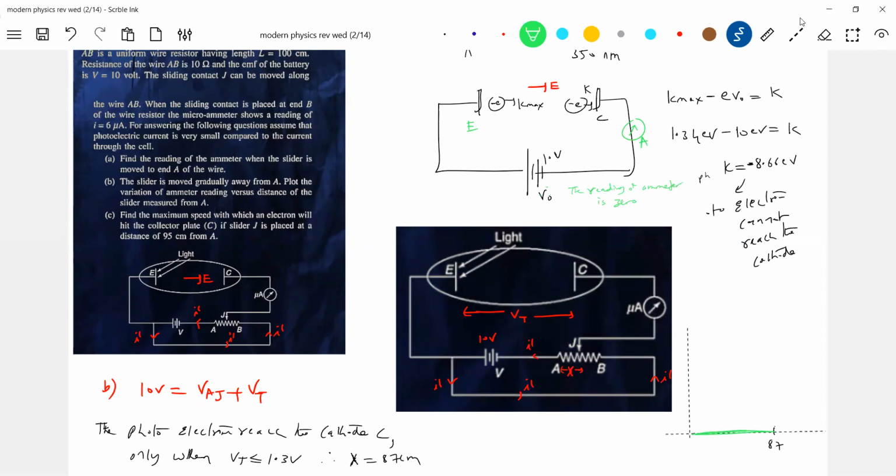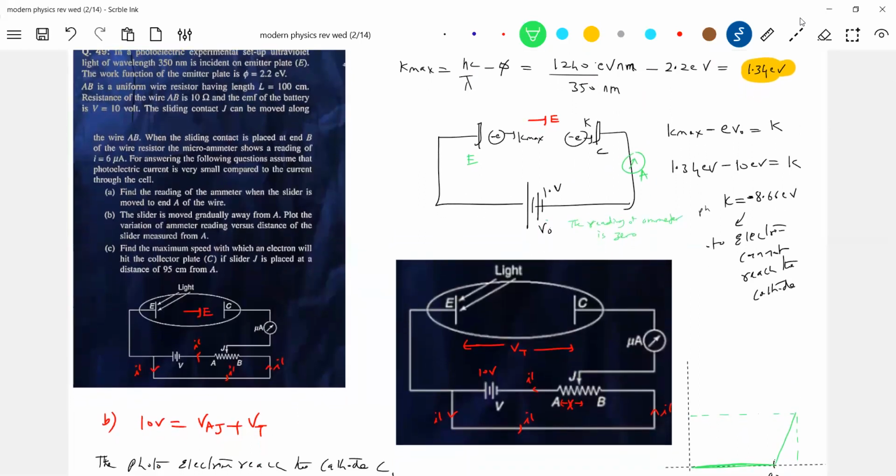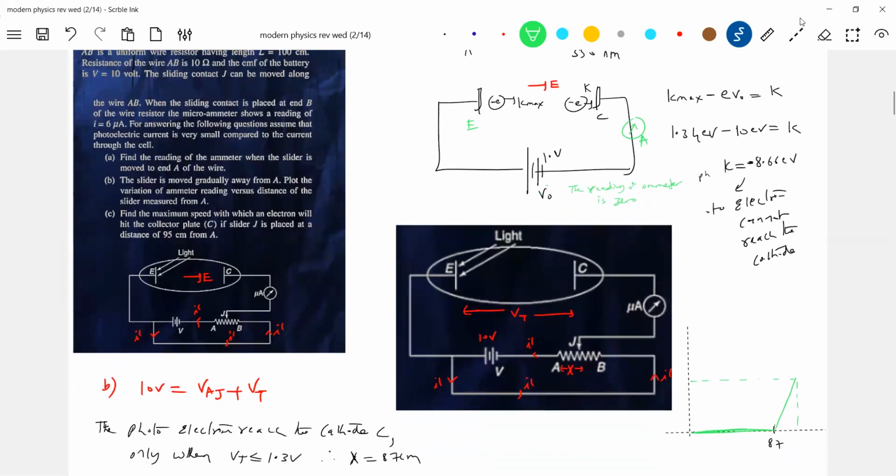Finally, when it is at B, what will happen? We'll get a maximum current. Why is it linear, sir? Some of you said linear, so I wrote linear. It will increase, but we don't know if it will increase linearly or not.